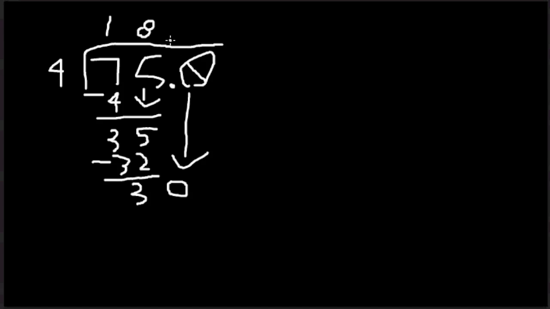We're going to put a point right there as well. So 30 divided by 4, that's, I believe, 7. Since 7 times 4 is 28, we're going to subtract 28.